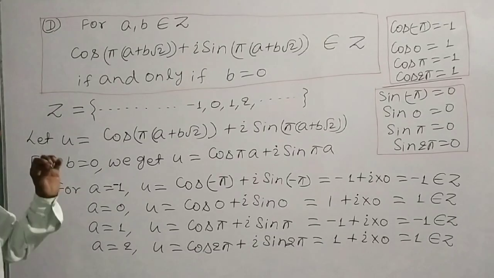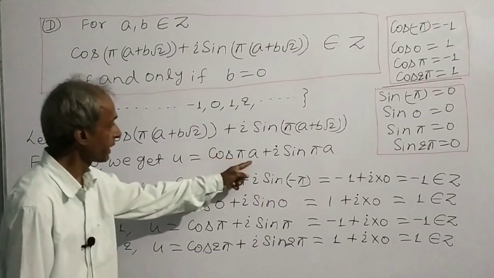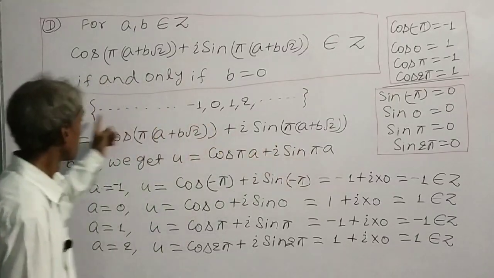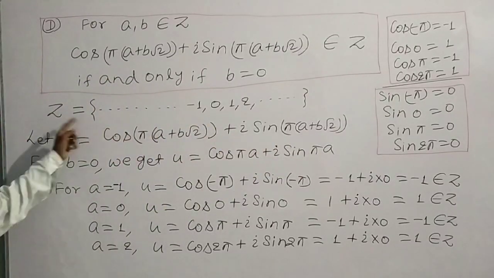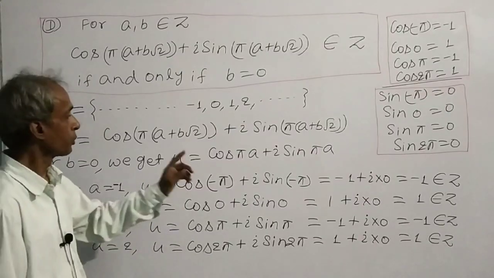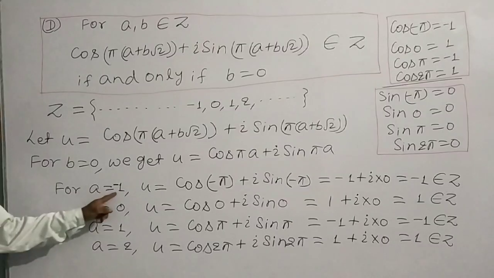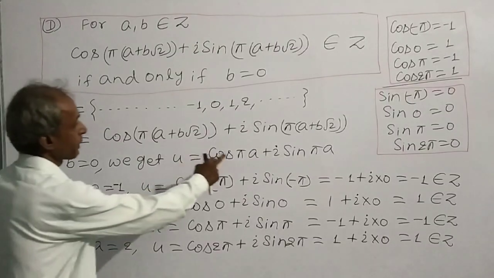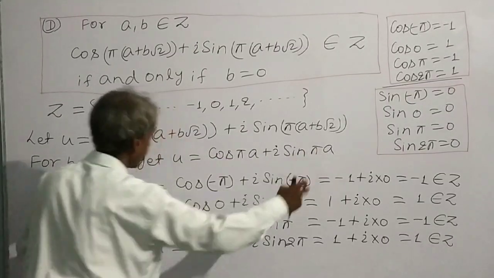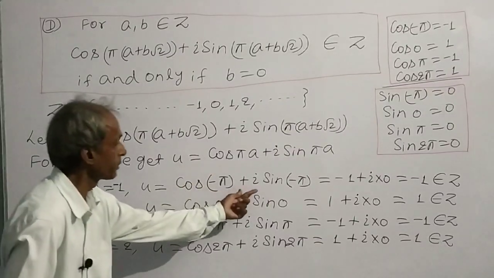Since we have to put only an integer in place of a, that means numbers from this set, therefore we put -1 in place of a here and here, then we get u is equal to this.